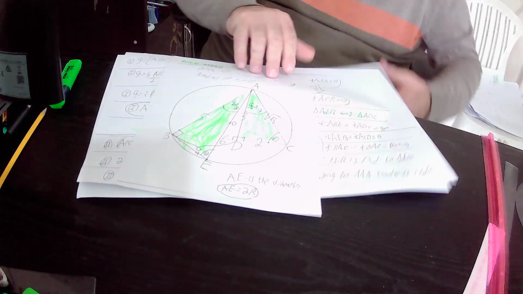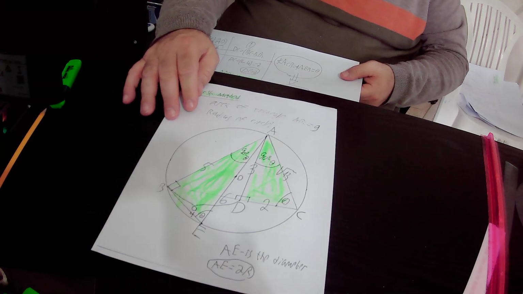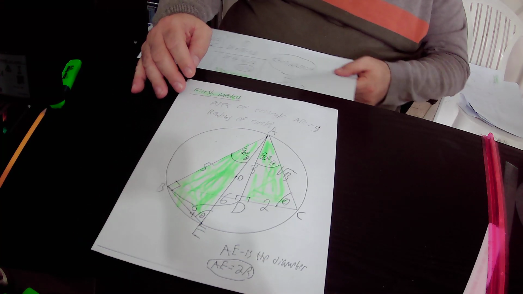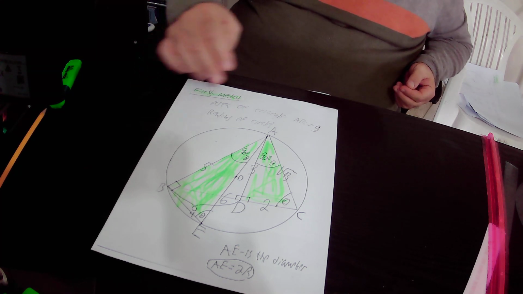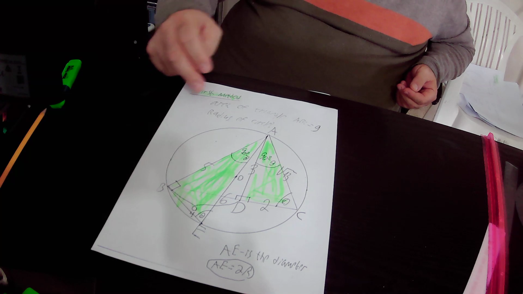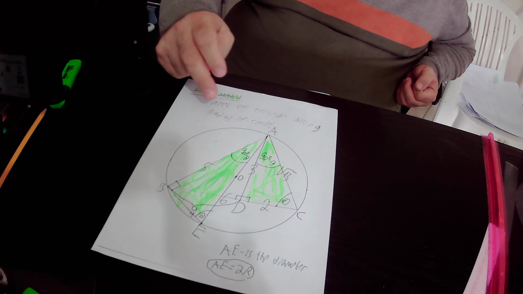Then I presented to you the second question, and we solved the second question in 3 different methods. So we start with the first method. In the drawing we have this circle, and inside this circle there is triangle ABC that is inscribed by the circle, and the area of this triangle ABC equals 9 square units.